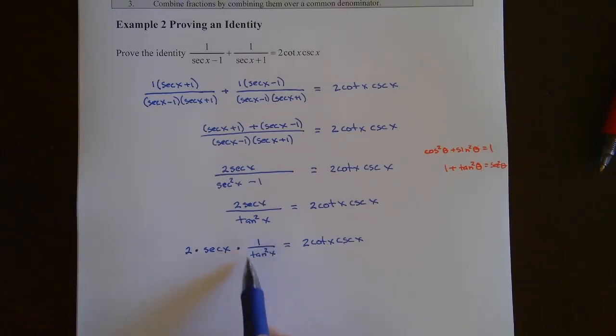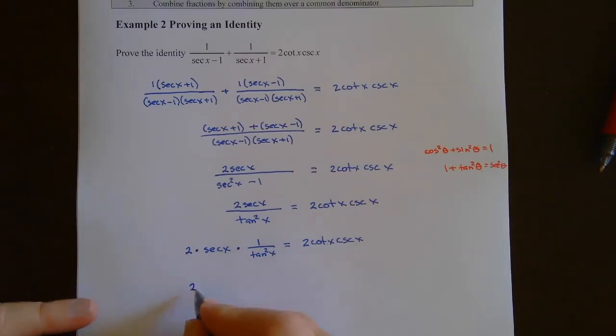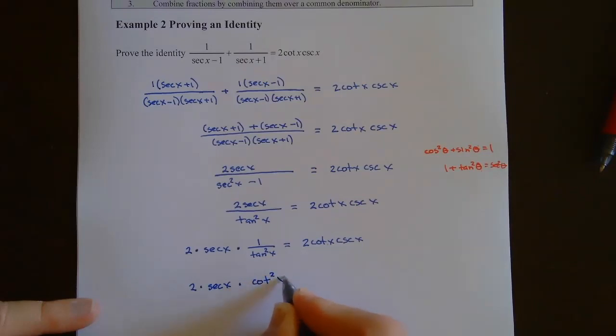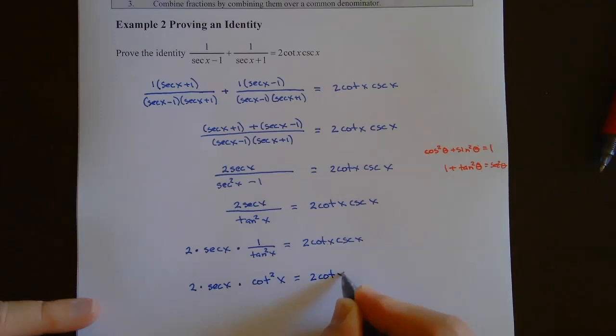This becomes cotangent squared x, okay? So this is 2 times secant x times cotangent squared x is equal to 2 cotangent x cosecant x, right?